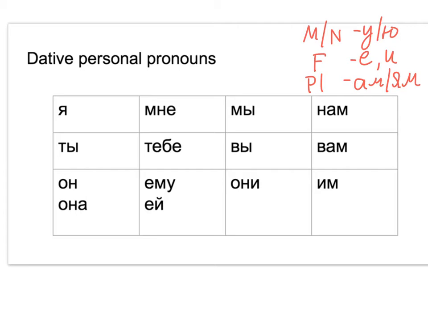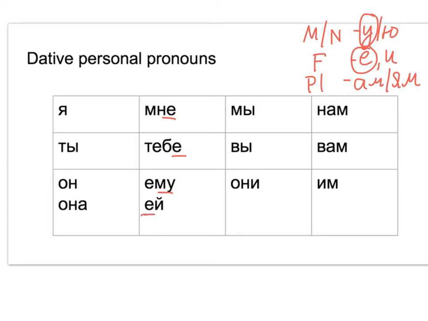So in dative case, я becomes мне, ты, тебе. And it's not by chance they both have e as their ending. It kind of corresponds to this feminine here. And then they are both singular, yeah? Он, ему, and you can see the u here. Она becomes ей.